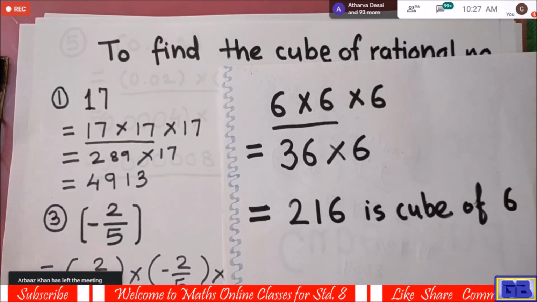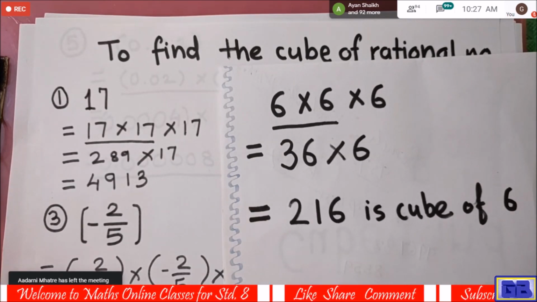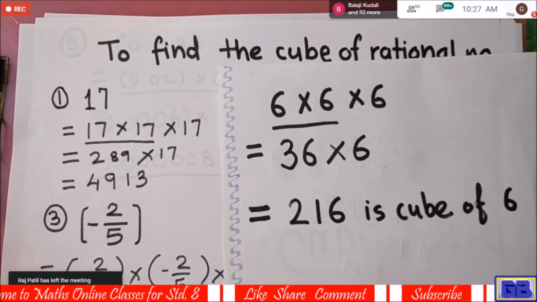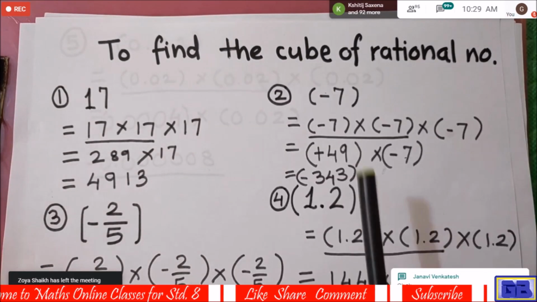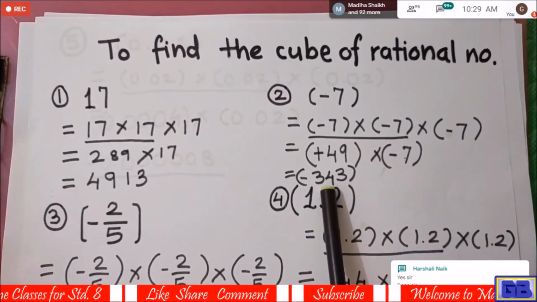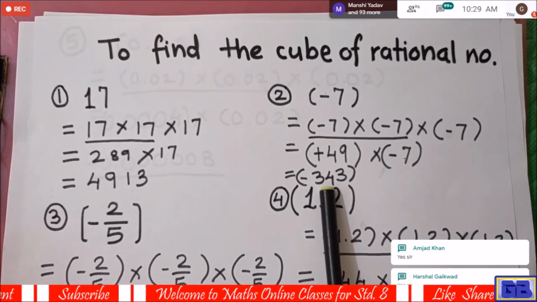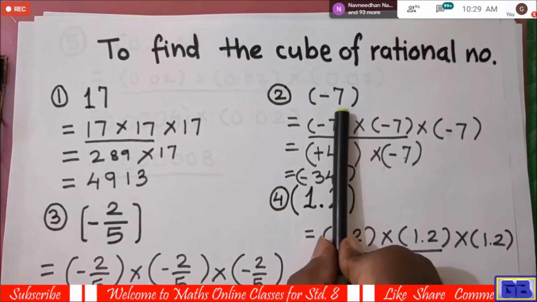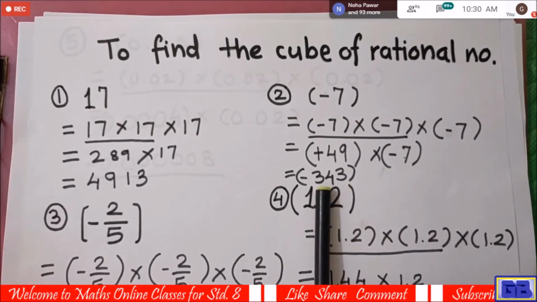I'm not writing it here, just write it down in your notebook. If the given number is positive, its cube is also positive. Now the cube of a negative number is also negative. Write down the second point. If the given number is negative, its cube is also a negative number.